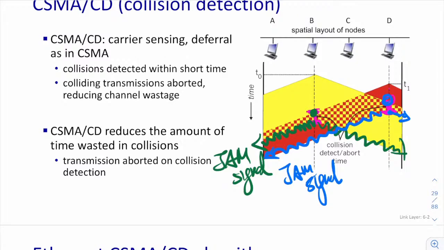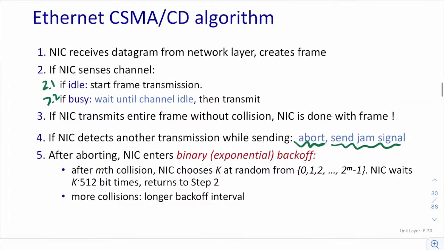So all the nodes will keep quiet for some time. After that, taking this example, B and D will figure out who can send first. That is exactly step number 5.